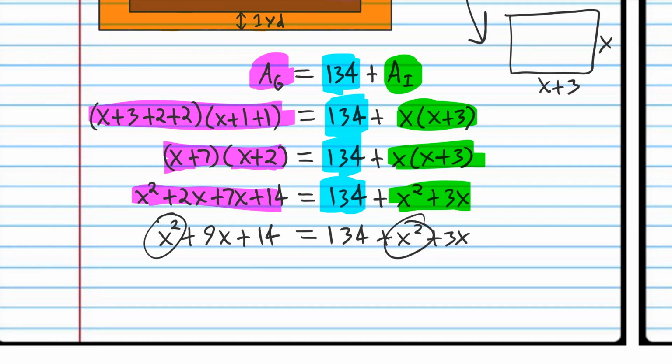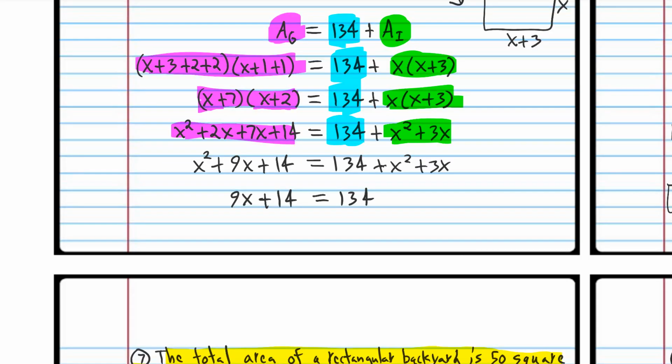If I want to put this x squared term on the right side, I have to subtract x squared from both sides. But look what happens. That cancels out both those x squareds. And you're just left with 9x plus 14 equals 134 plus 3x.